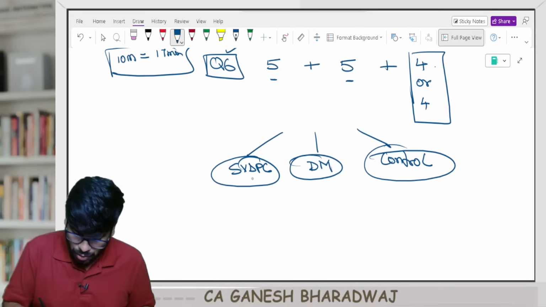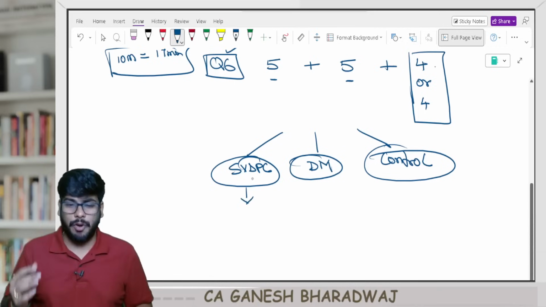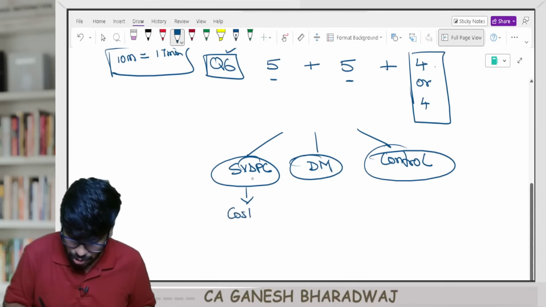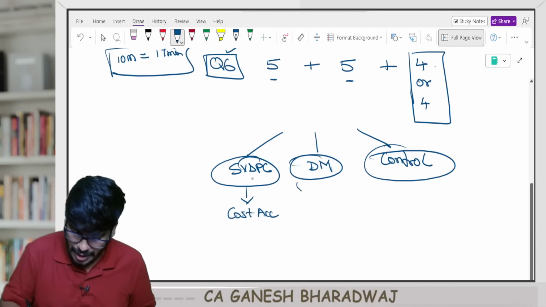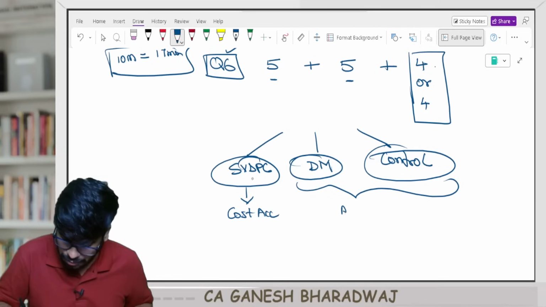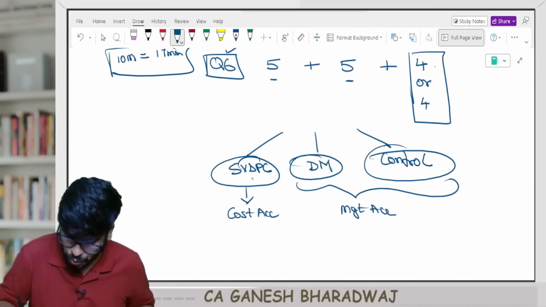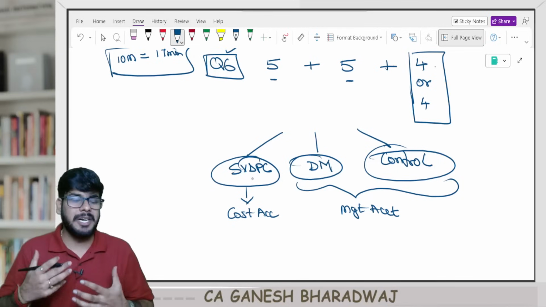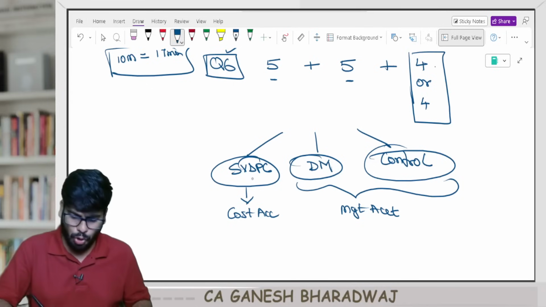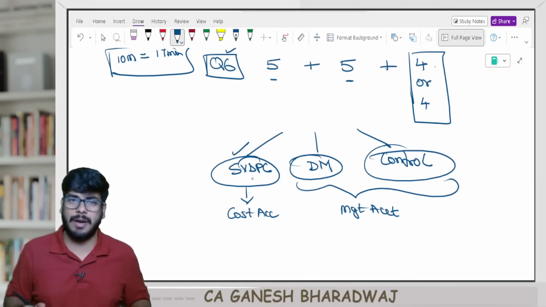Now, this objective of stock valuation and profit computation comes under cost accounting. And these 2 objectives, decision making and control, come under management accounting, right? Now, depending on all the chapters in our syllabus, certain chapters go on to achieve the first objective, stock valuation and profit computation.